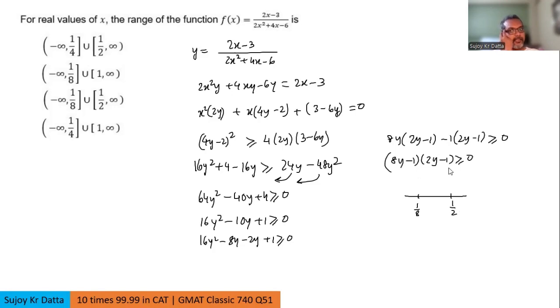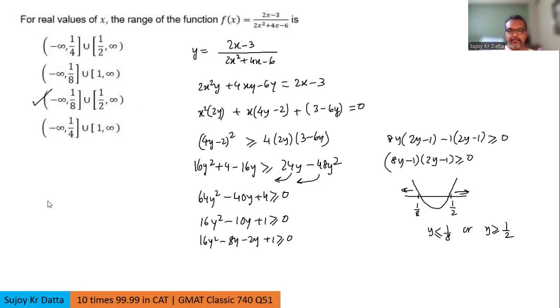And since the curve would be like this for a quadratic with positive y squared term, this is how it will look, parabolic. And we want greater than, so we look at these two ends. So our solution is y is either less than 1 over 8 or greater than or equal to 1 over 2. So less than 1 over 8 till minus infinity, so this one, and half to infinity, so that one. So that's the third option.